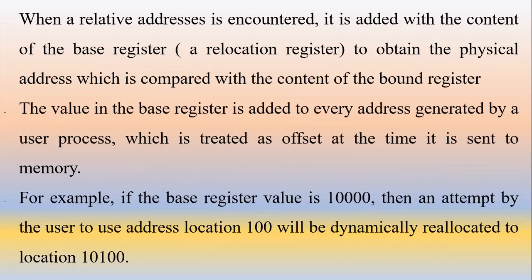When a relative address is encountered, it is added to the content of the base register, that is the location register, to obtain the physical address, which is checked against the content of the bound register. The value in the base register is added to every address generated by a user process, which is treated as an offset at the time it is sent to memory.